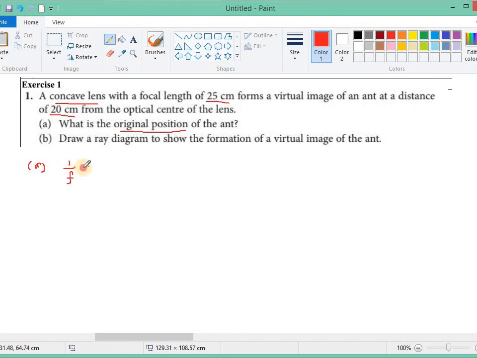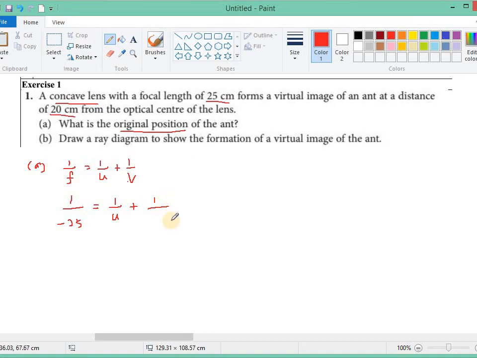So 1 over F equals 1 over U plus 1 over V. Because this is a concave lens, focal length 25 cm, so negative 25. The object distance is the one that we are looking for. The image distance is 20 cm.